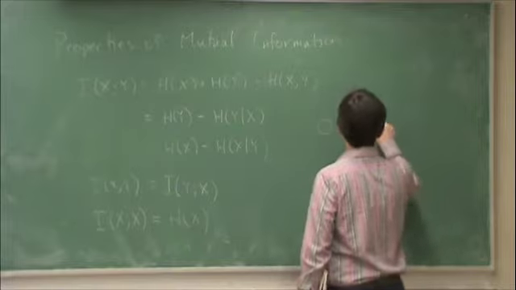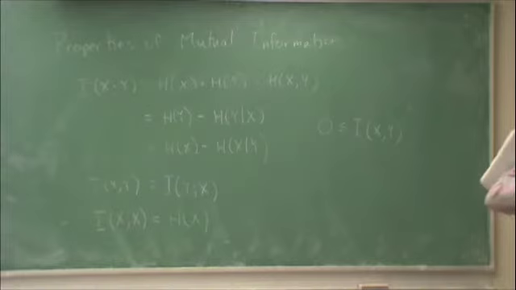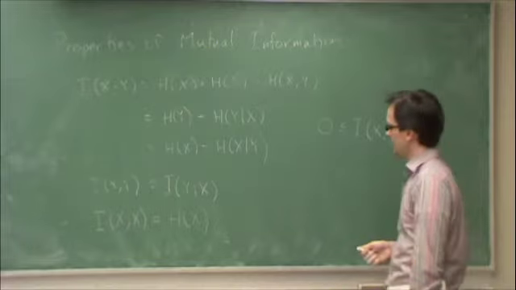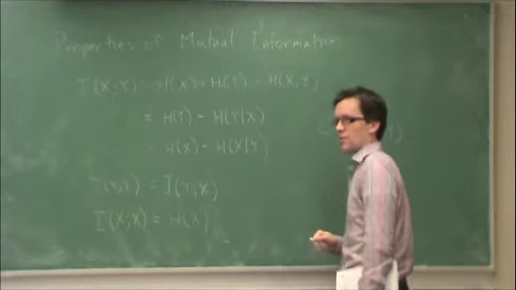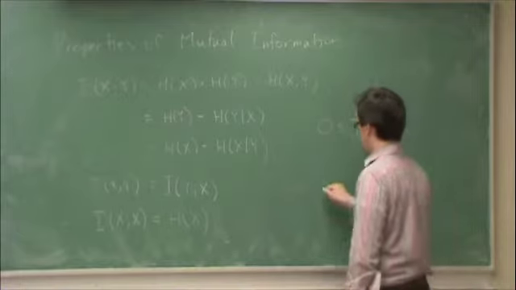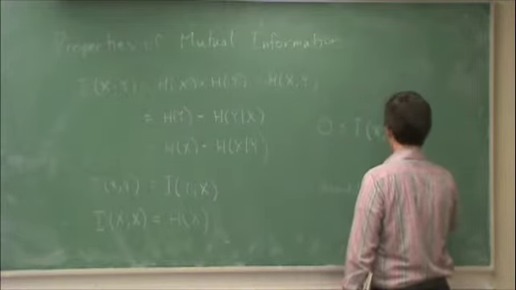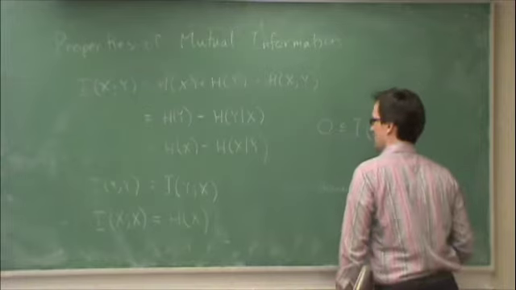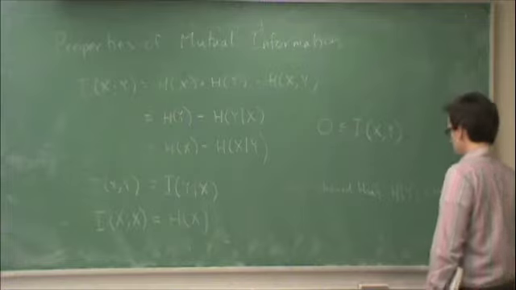Mutual information is positive. One way to show that is, we remember from one of our earlier lectures, we showed that H of y is greater than or equal to H of y given x.